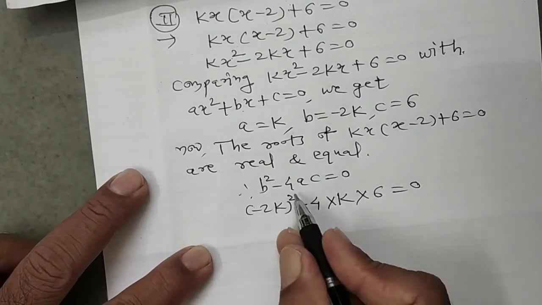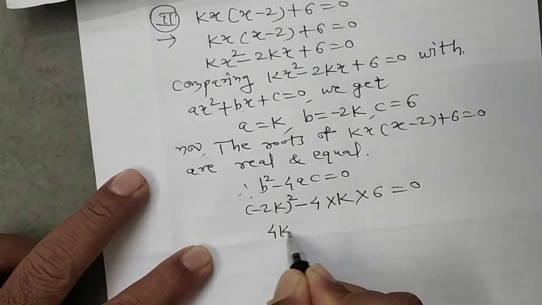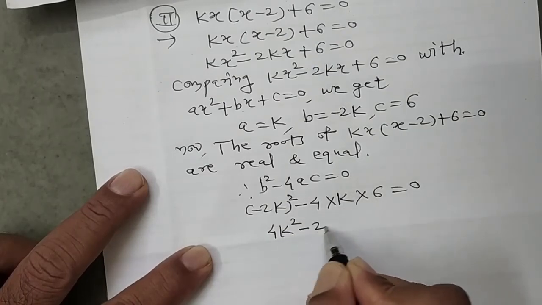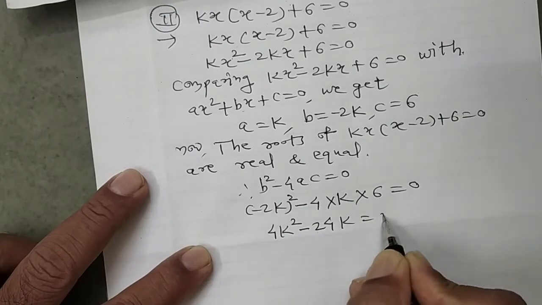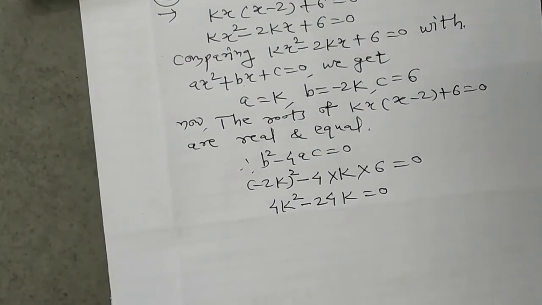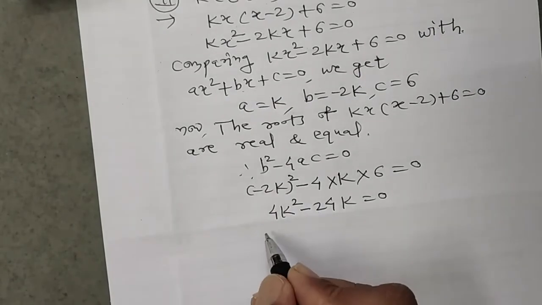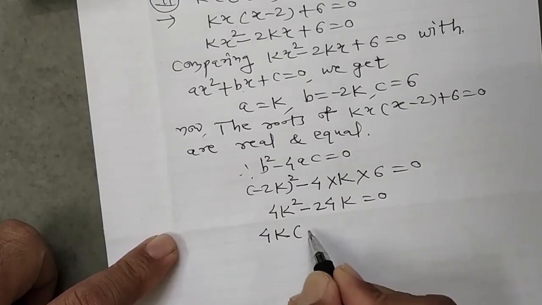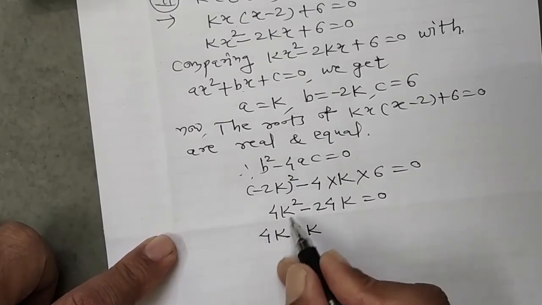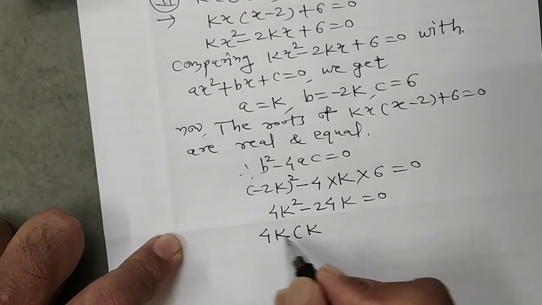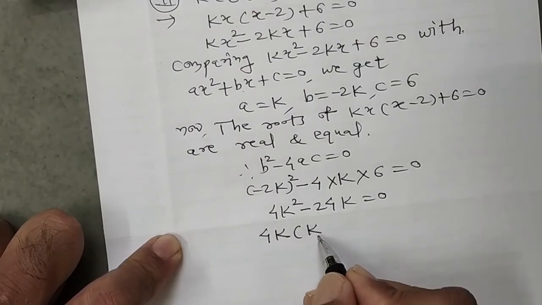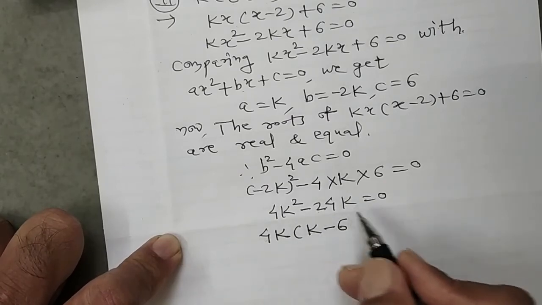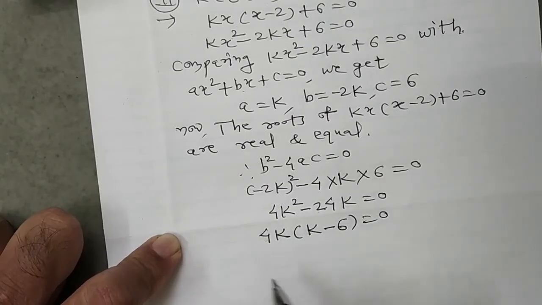Minus 2k whole square is 4k square, minus 4 into 6 is 24k, is equal to 0. Now we are taking 4k common: 4k into bracket k minus 6 is equal to 0.